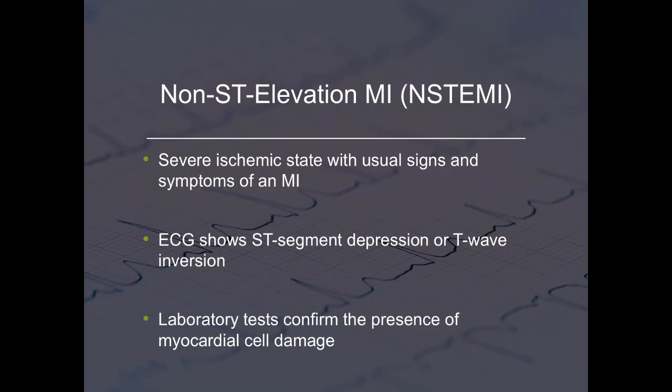It might show some ST segment depression, might show some T wave inversion, some flipped T waves, but we just don't have any ST elevation. So our NSTEMI, we have to confirm with lab tests. And our lab values are going to come back positive for cardiac cell damage.